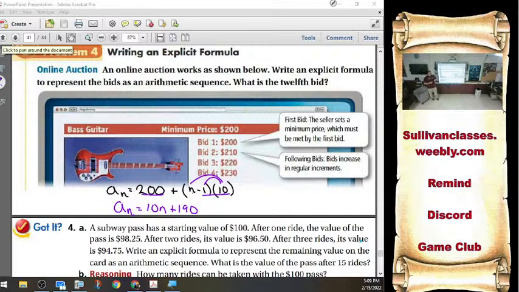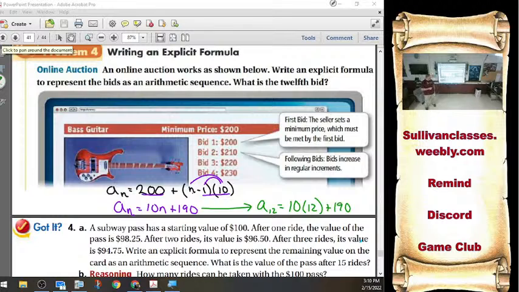I don't have to add 10, add 10, add 10, add 10 to get to whatever bid now. Now, when they say, what is the 12th bid? I go straight for the throat, mic drop, and say 10 by 12 plus 190.